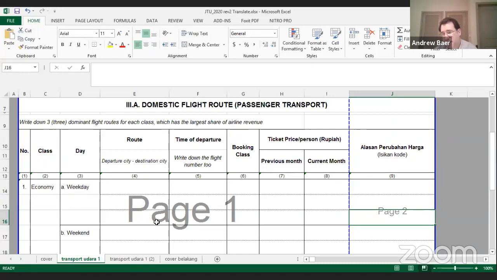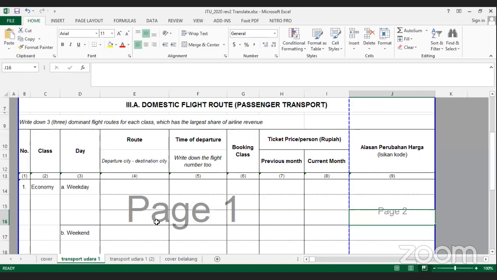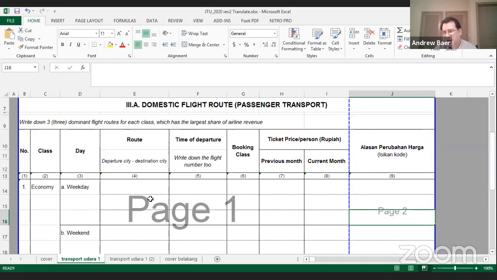Did you buy it on their website? Did you buy it on an agent's website? Did you buy it on booking.com? Are you a business customer who has a preferred rate through a travel agent? But I don't know, are you seeing a lot of variability in these prices?